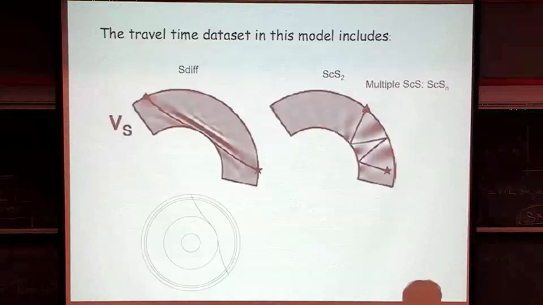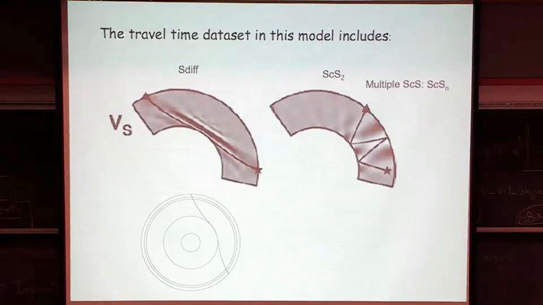An important component at the base of the mantle are diffracted waves and multiple ScS waves. I put the slide up because there were some questions about this. So in addition to the direct body waves, direct S waves, say, you can include diffracted waves, waves that diffract along the core mantle boundary, so they're very sensitive.